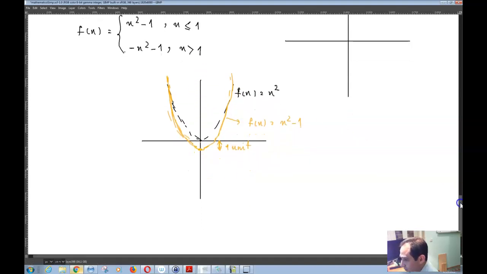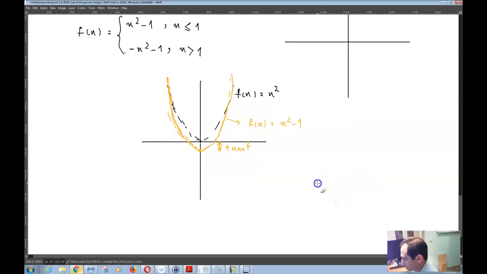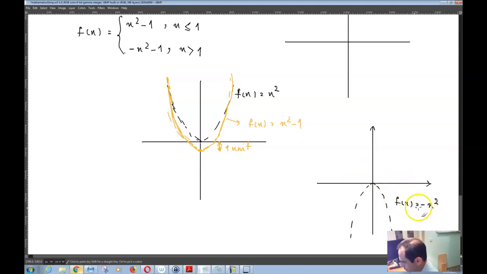Now if you want to graph negative x squared minus 1, this parabola is f of x equal to negative x squared, and of course you can compare this function to this function. You see that it's opening upwards, this is opening downwards. So f of x is equal to negative x squared is this function.